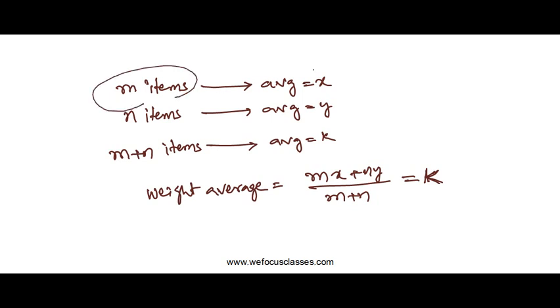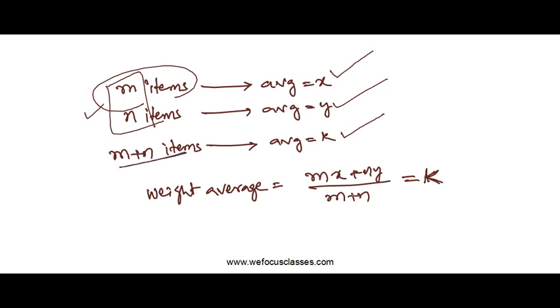They will give a group of items whose average is x, and another group whose average is y, but when you mix both of them, you get the combined average k. Then they will ask us to find the ratio of the items, the ratio of the quantities, m and n. So m items' average is x, n items' average is y, and let's consider that the m plus n items' average is k.